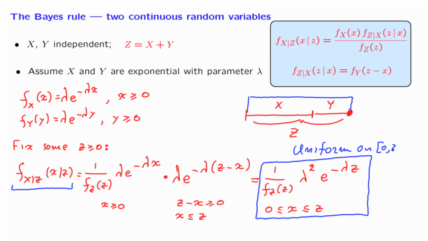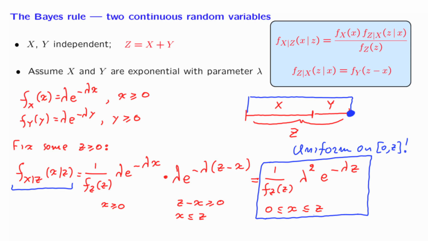And this is quite interesting. Essentially, it tells you the following. Going back to our light bulb example, if I tell you that the second light bulb burned out at this time, and I ask you, when do you think the first light bulb burned out? You're going to tell me, I really don't know, I have complete ignorance. Any time in this interval is in some sense as likely as any other time.